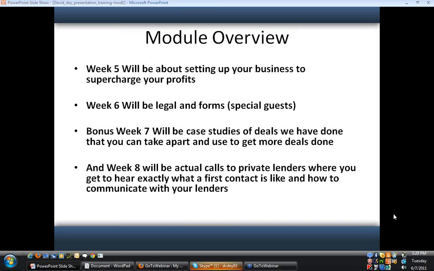For those of you that got the fast action bonuses, we will be posting the fast action bonus modules where you have the template that is in place. You can use that.